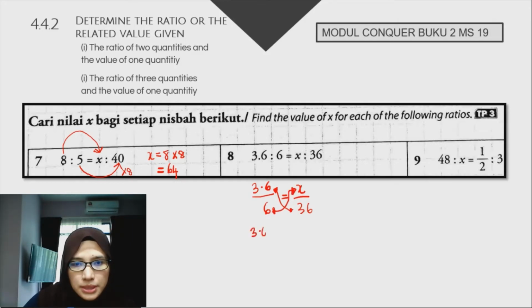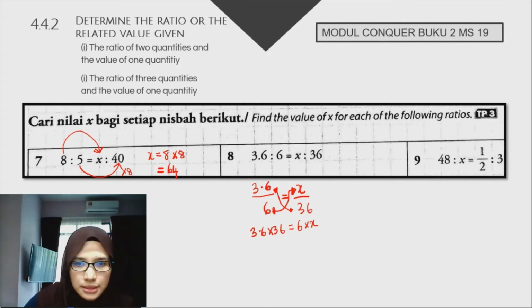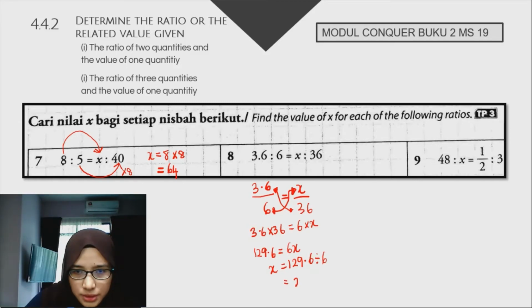So 3.6 times 36 is equal to 6 times x. 3.6 times 36 is 129.6, which is equal to 6x. So your x is 129.6 divided by 6. So your answer is 21.6.